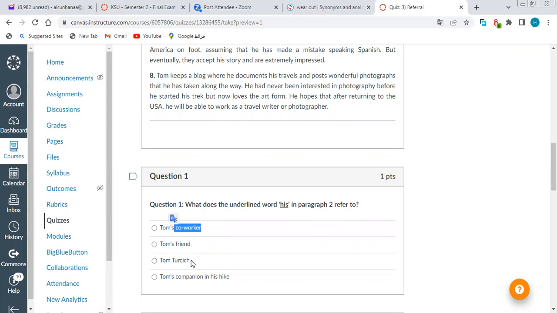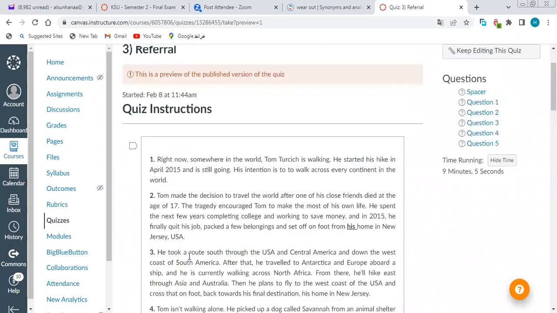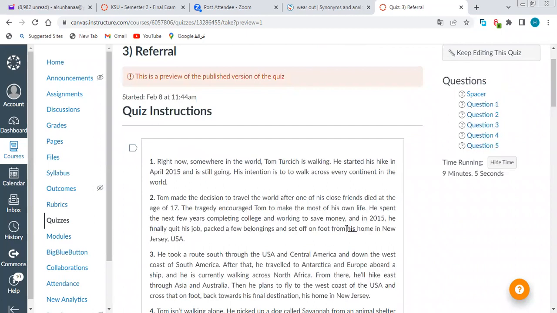Friend, or Tom himself, Tom نفسه. So here, his refers to what? Tom Tursish, Tom's friend, Tom's companion, or Tom's co-worker.